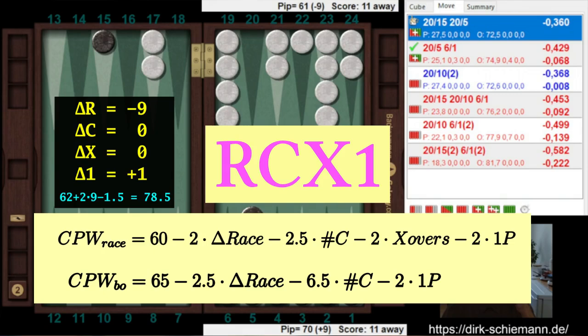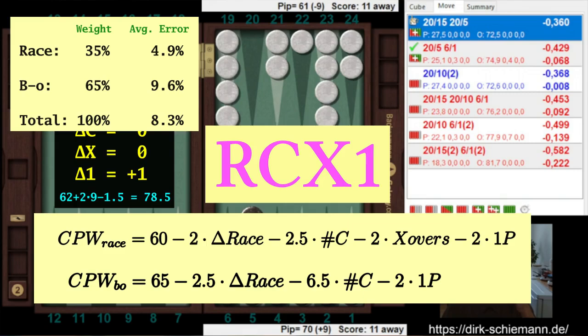In race, use 60, 2, 2.5, 2 and 2. So actually remember 60, 2.5 for checkers, and 2 for the rest. And for bear-off, use 65, 2.5, 6.5 and 2, because there's no crossovers. Splitting buys another 0.5%, so total error down to 8.3.